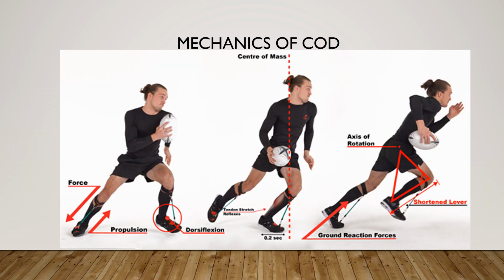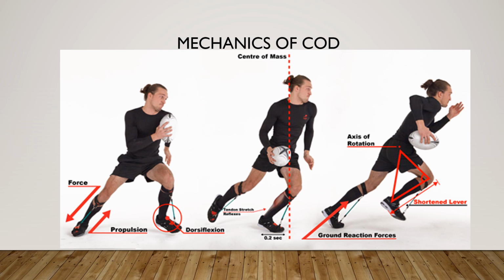And so if we look in just a little bit more detail at the mechanics of this change of direction, we can see that when the outside foot plants, a high level of force is being placed into the ground. And we need an absorption of that force, but then also a redeployment of that force as we propel ourselves back the way we came, onto the new direction of travel.